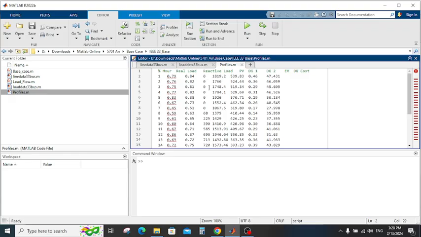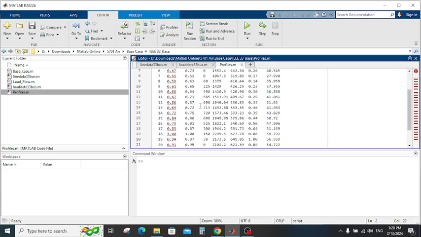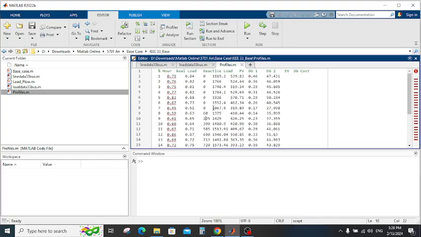The fourth one is the PV profile, as you see here, how the PV is generated during the time. And the fifth and sixth are the distributed generator 1 and distributed generator 2 profiles.